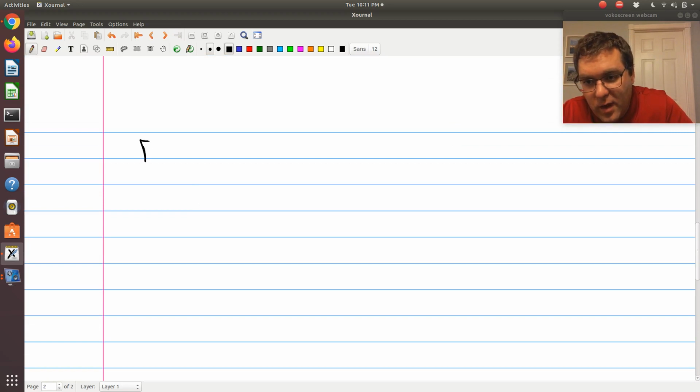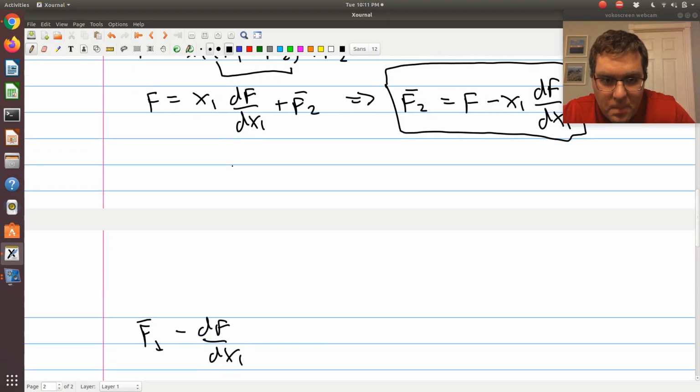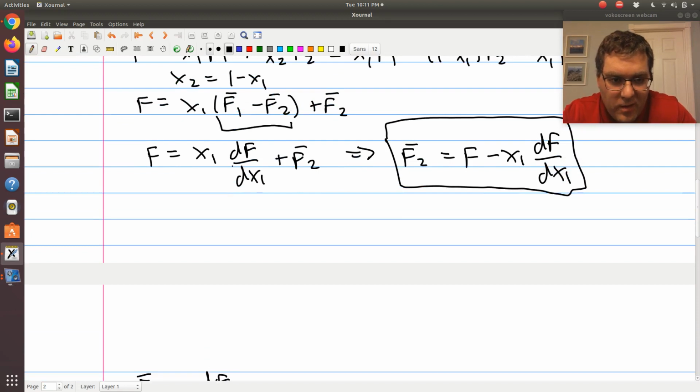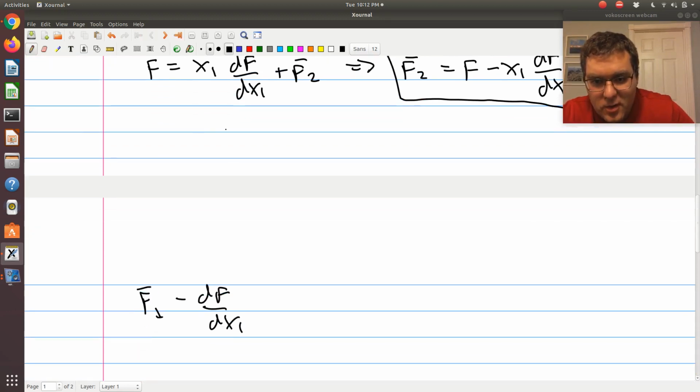So f bar 2 is f bar 1 minus df dx1, and that has to be equal to f minus x1 df dx1.